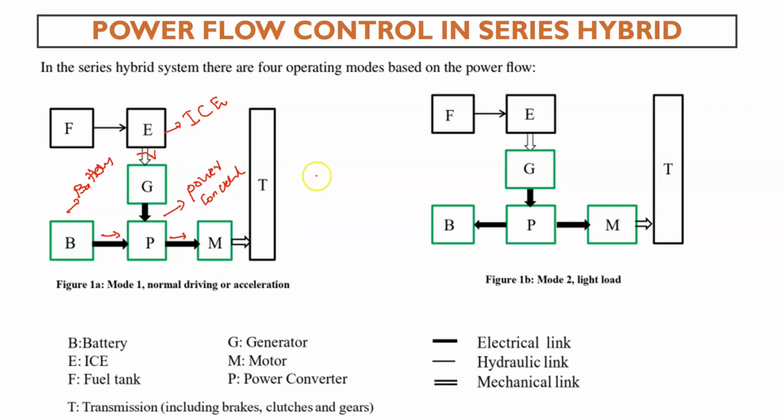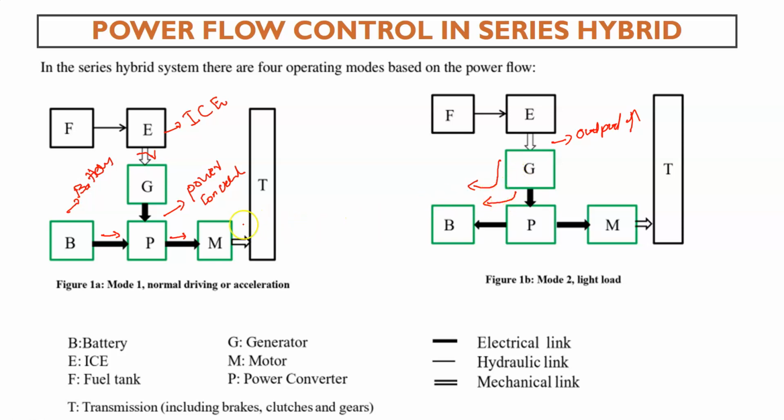In the second mode, at light load, the IC output is greater than that required to drive the wheels. In that case, a fraction of the electrical energy will be used to charge the battery, so the power will be flowing in this direction.